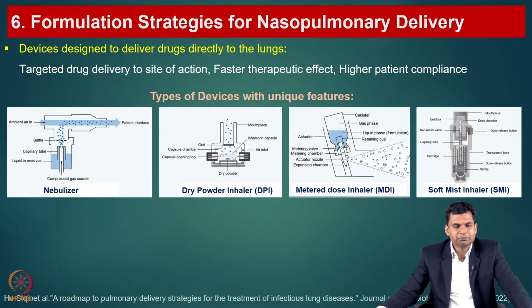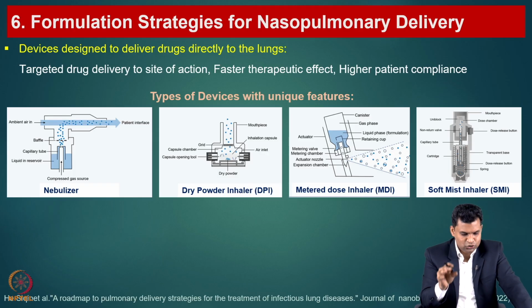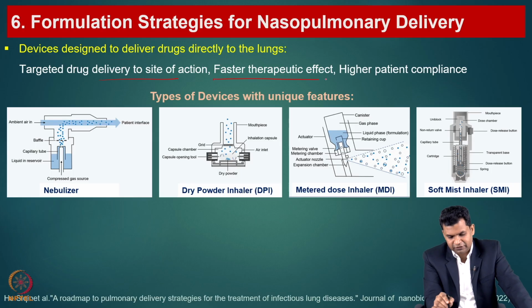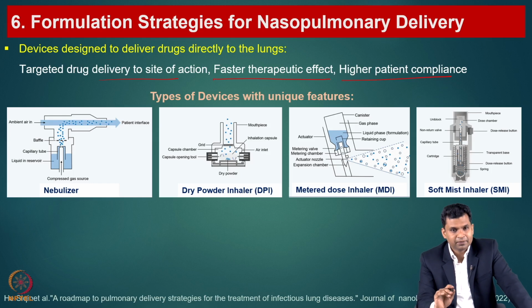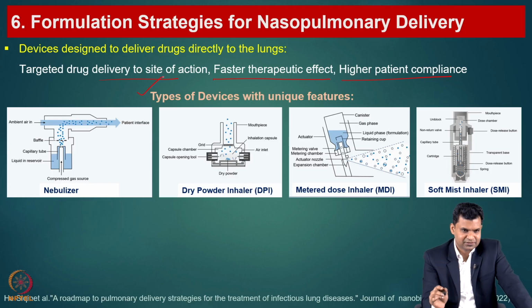And one more, the major limitation I can say, because the nasal and the pulmonary routes need a device to deliver the drugs. Then only will it reach the target site and show faster therapeutic action, and yes, high patient compliance is there. But the major requirement here is that we need a device to deliver the drugs.